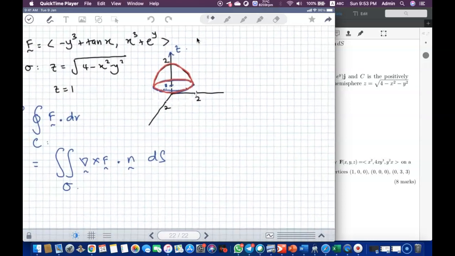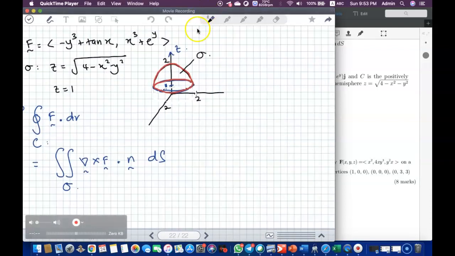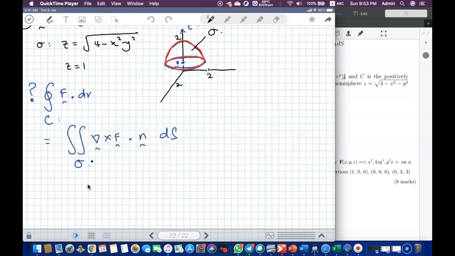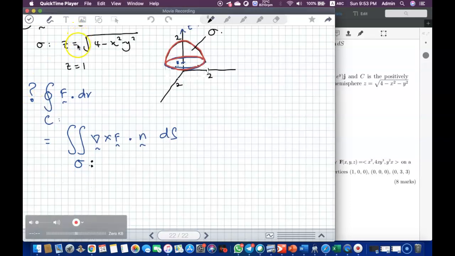That is your surface. Where is your surface sigma? This one. What is the boundary of the surface? This one. But we don't bother about this circle, we bother about the surface because we work on the surface integral. So now we want to obtain the surface function. We want to know what the surface function given is. It is this one.